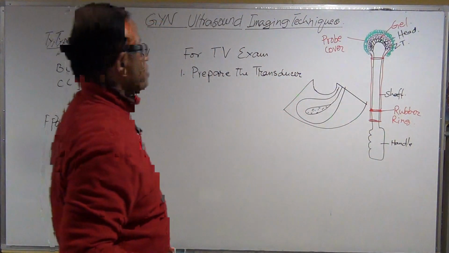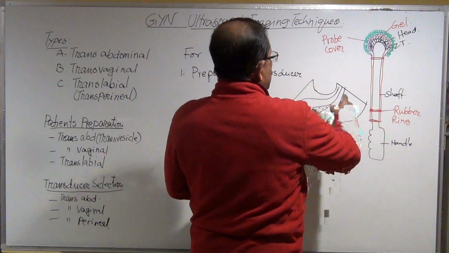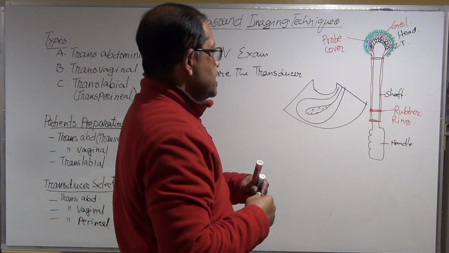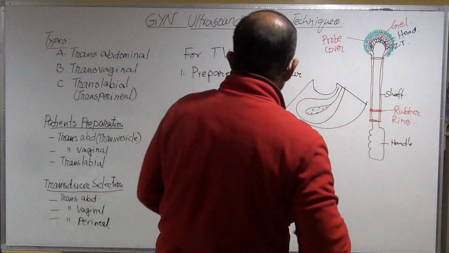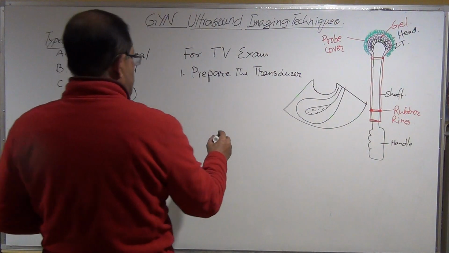Okay, you will see the uterus like that, and you turn the transducer in transverse, then you will see the circle of the body of the uterus here. Now, the patient is in this position.